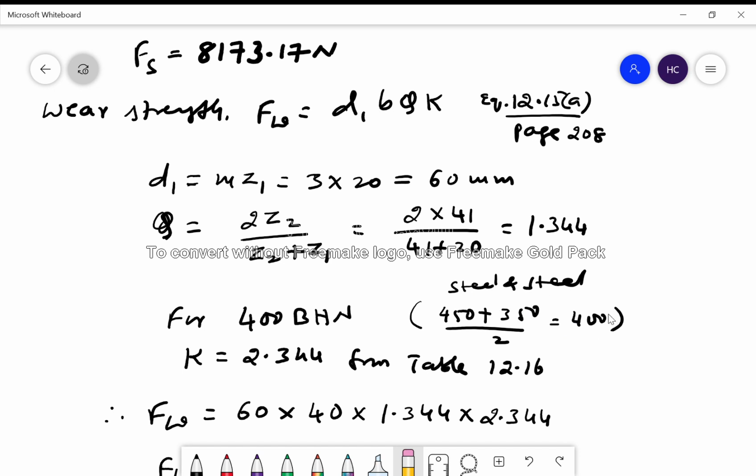To obtain 400 Bhn, we need to consider 450 plus 350 by 2, which is 400. 400 Bhn for pinion and 400 for gear separately is not there in the table. That's why we need to consider this. So for that particular combination, we have K value is 2.344, table 12.16.